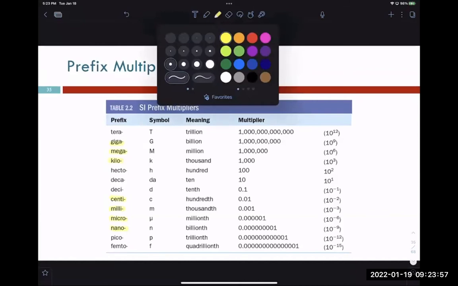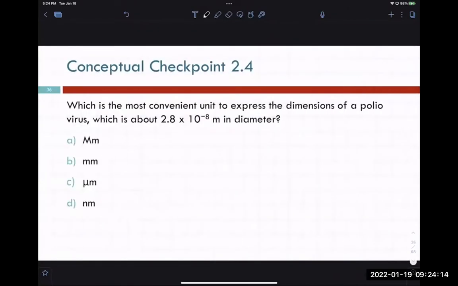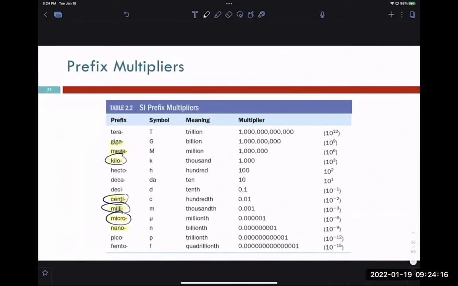Let me revise this even more for this class. Kilo, centi, milli, and maybe micro are the most important ones to memorize, because those will get thrown around the most. So you can focus on those 4 and work out from there.